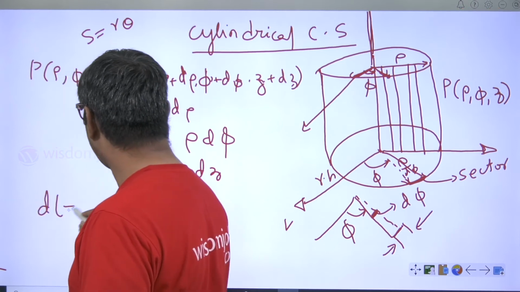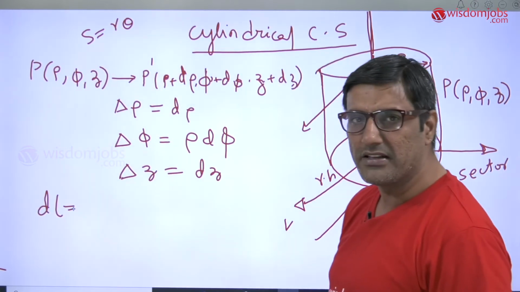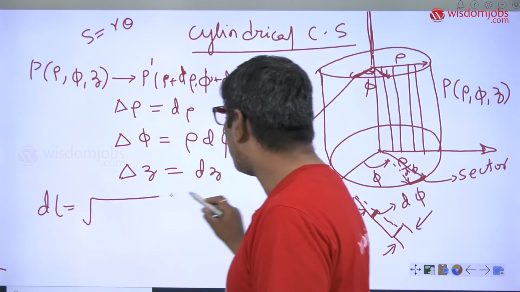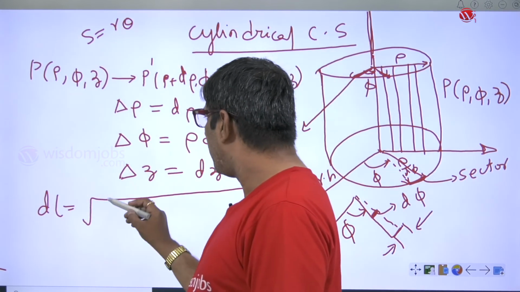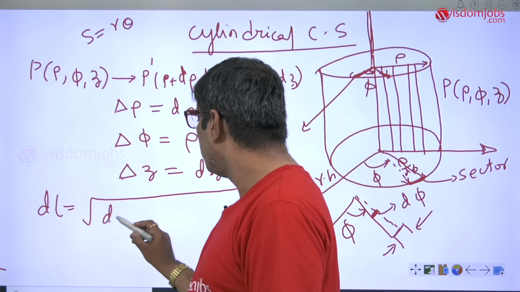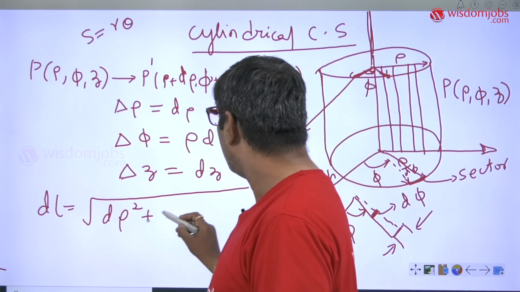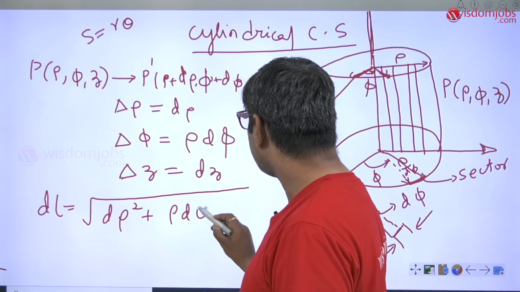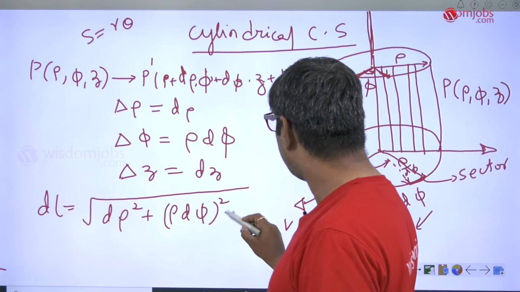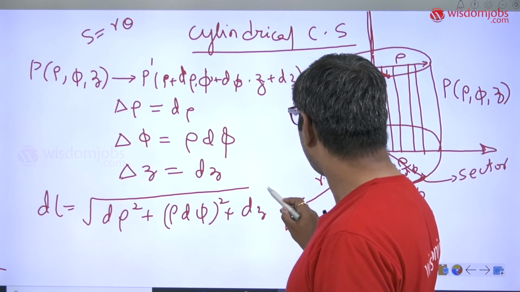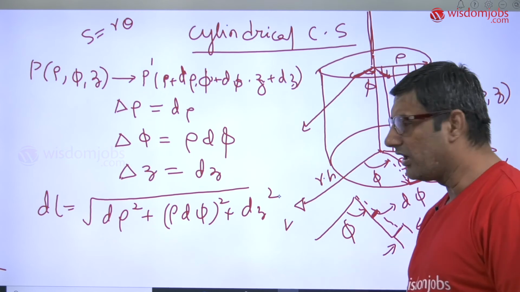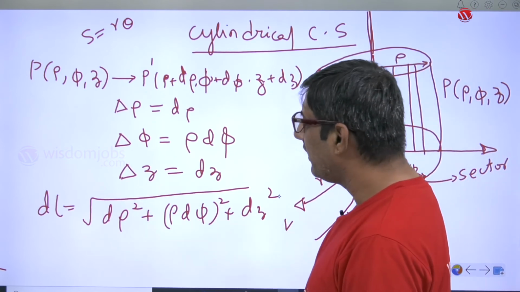So how to evaluate the incremental length dl? Simply use the distance formula. It is d rho whole square, plus rho d phi whole square, plus lastly dz whole square. So this is the expression for length.